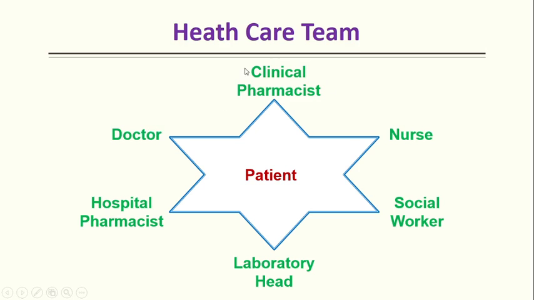Also the clinical pharmacist does patient counseling with the patient on the prescription given by the physician, and also helps the nurse by guiding how to administer the dose. So these are the members which come in the healthcare team. Each and every member plays an important role in patient care.